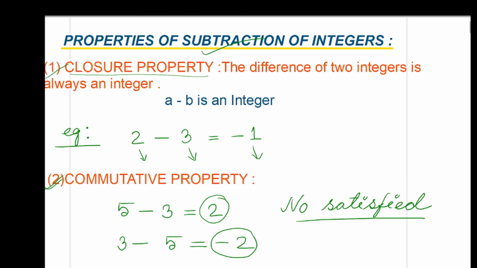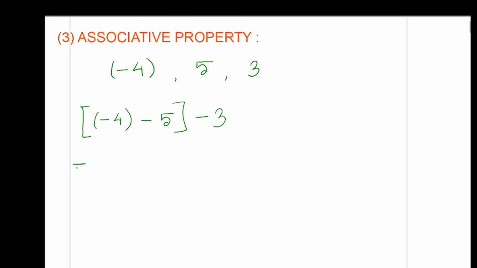Okay. Next, associative property. Now see, here also we are taking three numbers, minus 4, 5 and 3. If we do minus 4 minus 5, then minus 3, what answer will we get? Minus 4 minus 5, we will get minus 9. Then minus 3, it will be minus 12.